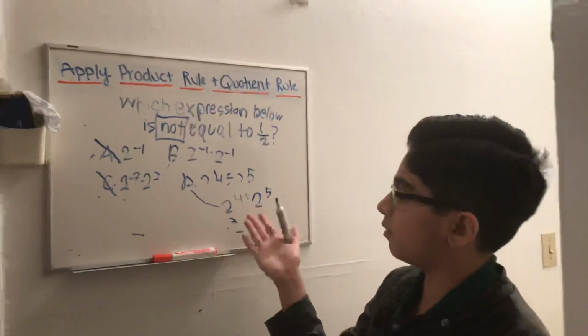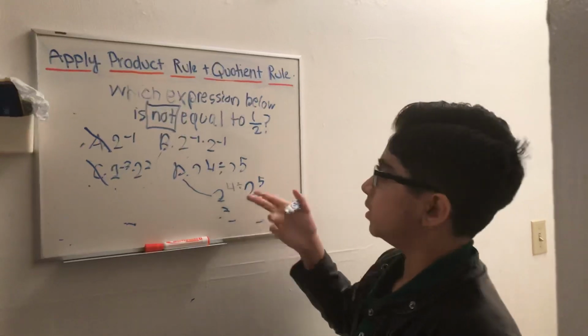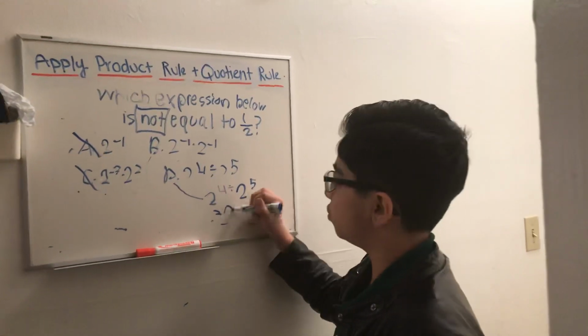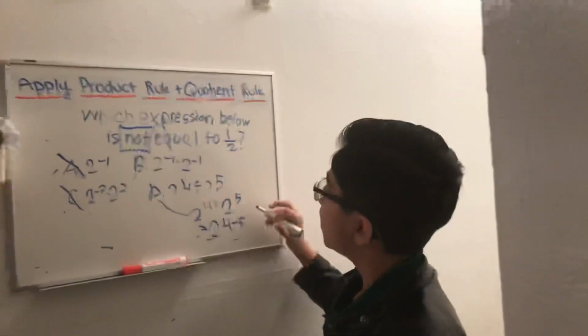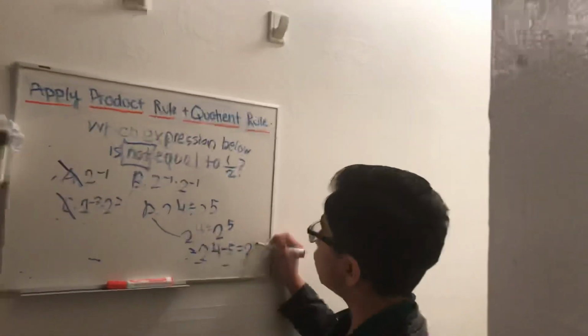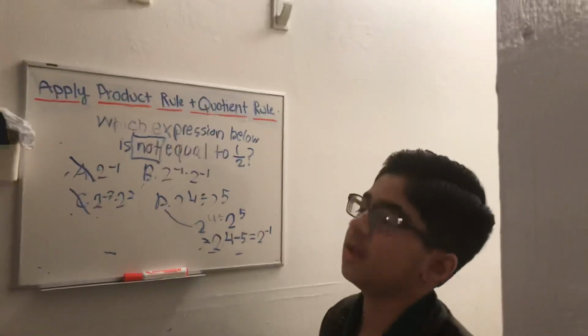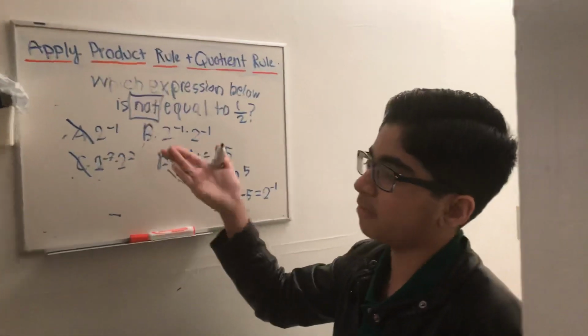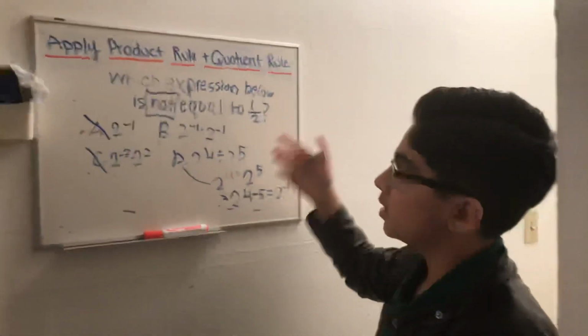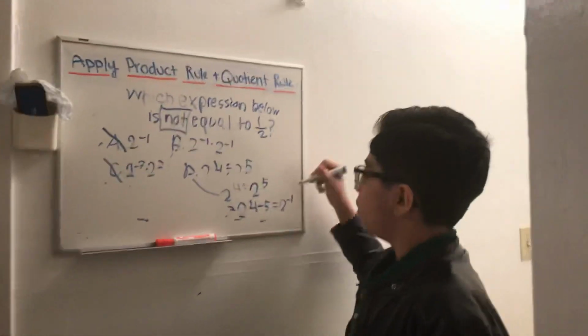So this is what we will perform here. So this is ultimately 2 to the power of 4 minus 5, which equals 2 to the power of negative 1. Well, guess what? A and C also resulted in 2 to the power of negative 1, and they equaled 1/2. So D must be 1/2 as well.